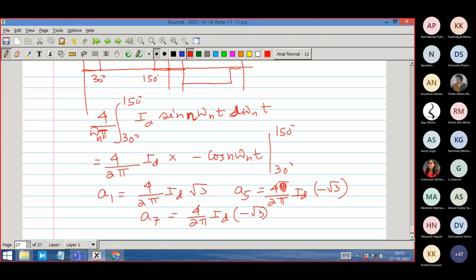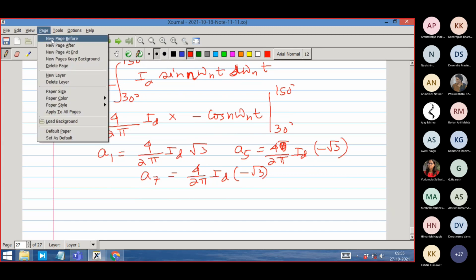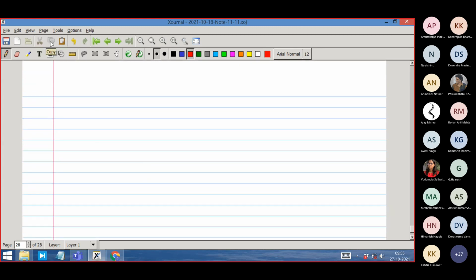And then let us take another one, that is the shape.